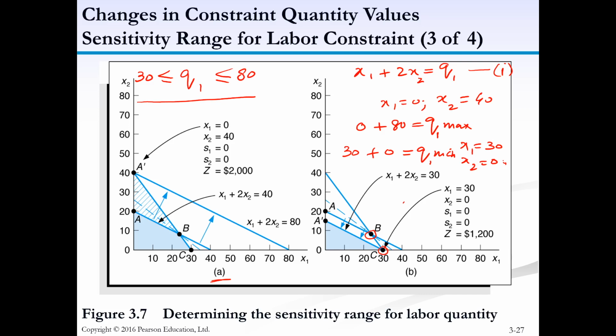Also, another concept is the worth of the resource. The worth of one unit of that resource is called the shadow price. So if this constraint, which is a labor constraint, is for example x1 plus 2x2 is equal to 41, we would like to see if we have one more labor hour, how much the profit increases.